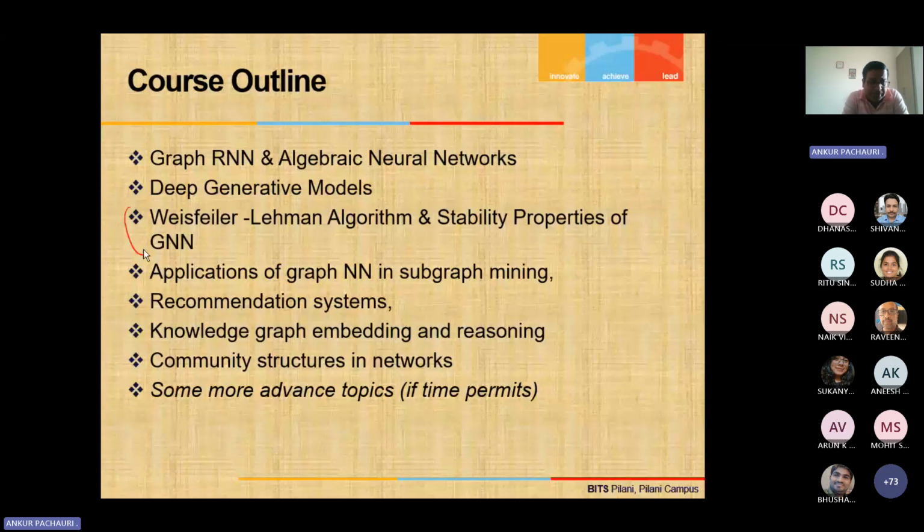But somehow we'll be covering those topics again in our own way, because the traditional algorithms that you have learned in your machine learning and deep learning courses will not be directly applicable for a graph neural network. The reason is that here the graph structure is very huge, with millions of nodes and billions of edges.